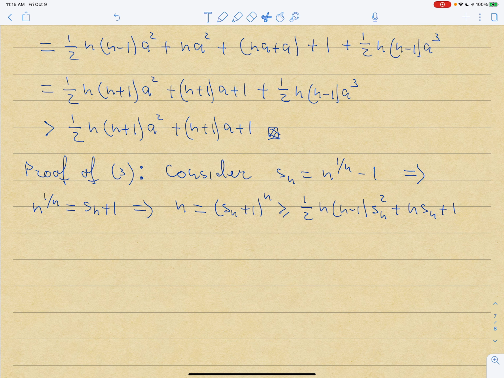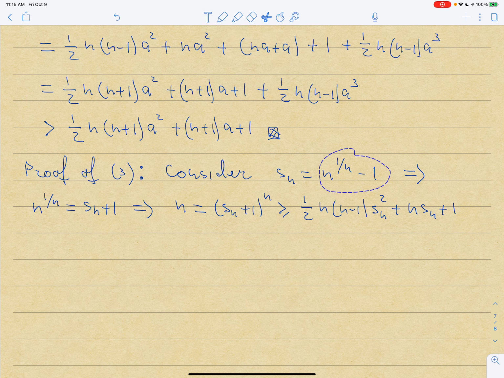Sn actually is clearly positive because if I'm taking a number n which is greater than 1, and that number is raised to the power 1 over n, if I take a root of a number which is greater than 1, I'm never going to get anything that is smaller than 1.